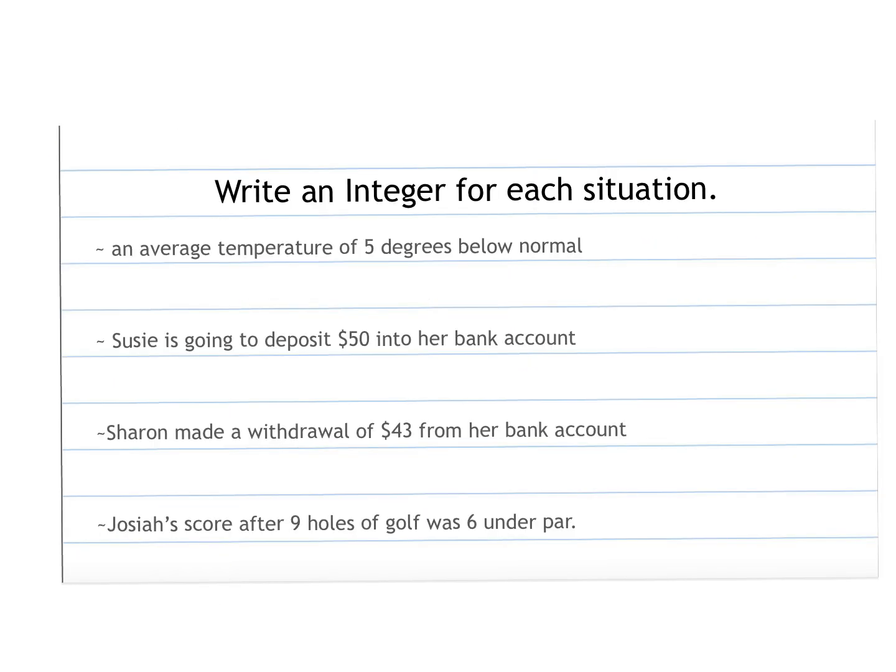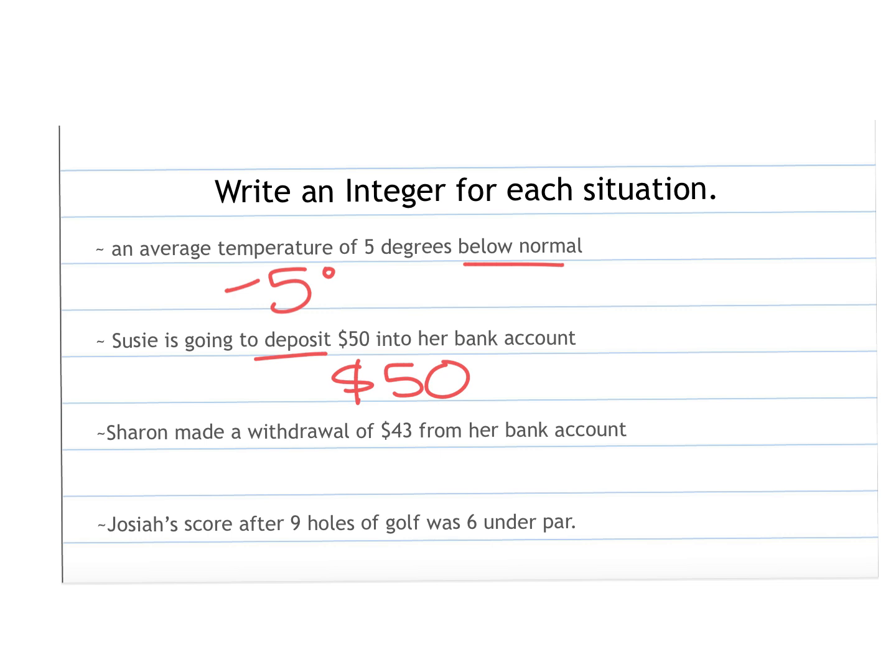Write an integer for each situation. An average temperature of 5 degrees below normal. Below means under the average, so we would say -5 degrees. Susie is going to deposit $50 into her bank account. That means she's putting $50 in, so that would be a positive, so we would just write it as $50.